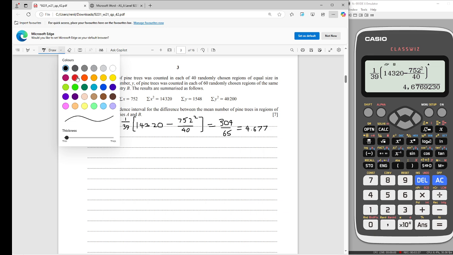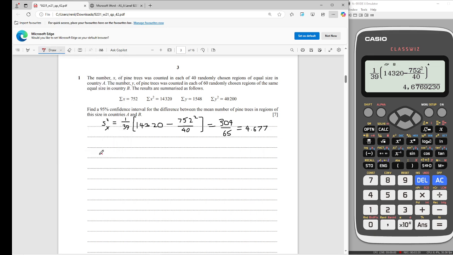So I'm going to take this in different ink and solve for s² of y. s² of y equals 1 divided by the number of terms of y. The number of terms of y is 60, so it's going to be 1 by 59.